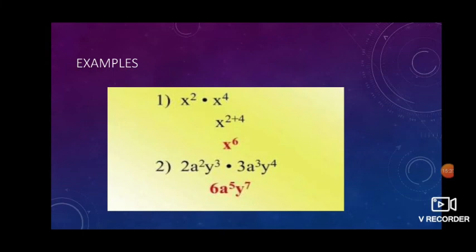Here we have a numerical coefficient, so first I'll multiply the numerical coefficients. 2 into 3 will get 6, and for the a variables, here a to the power 2, here a to the power 3, so a to the power 2 plus 3 will get a to the power 5. Next y to the power 3 and y to the power 4, y to the power 3 plus 4 will get y to the power 7.